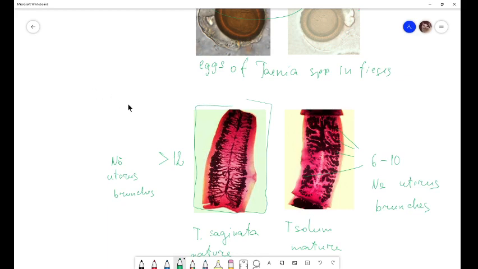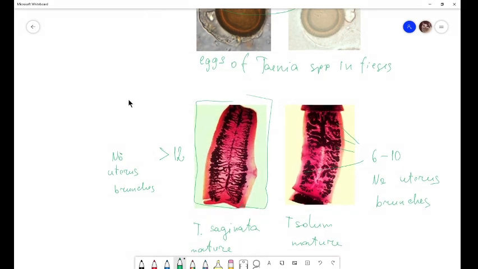When you find this type of proglottid, this is the proglottid of Taenia saginata. You must note the number of uterine branches. When you note more than 12 branches of the uterus, you can say it is Taenia saginata.